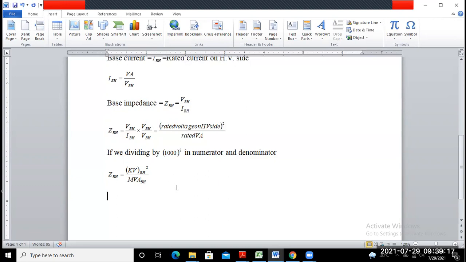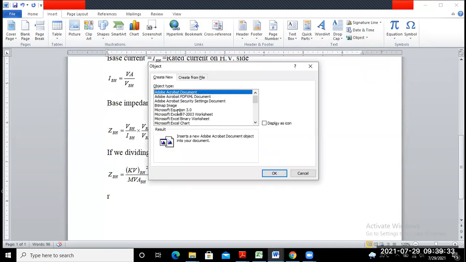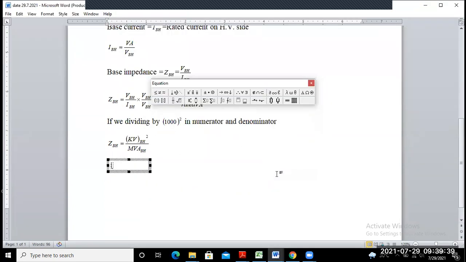So resistance referred to the high voltage side, or the low voltage side. Impedance transformation we already discussed in the transformer part. So equivalent resistance can be found along the high voltage side or the low voltage side, because impedance can be transferred to either side, whatever you may want.